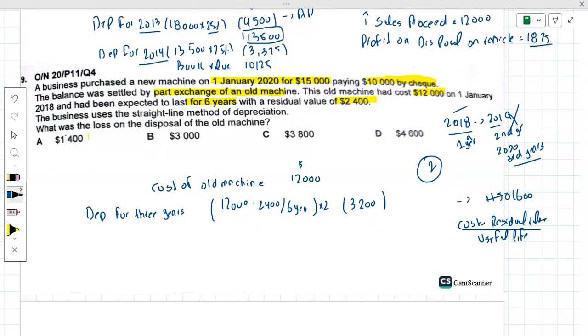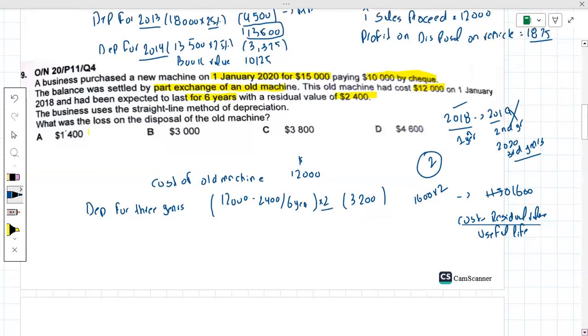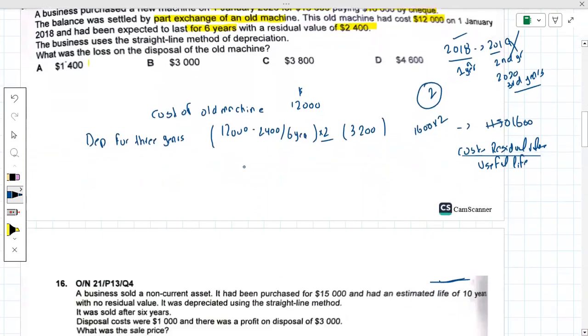From 2018 to 2019 is 1 year of depreciation, and from 2019 to 2020 is 2 years of depreciation, because we sold this machinery on 1st January 2020. So we have to multiply the depreciation by 2. Its yearly depreciation is $1,600. And since we are finding the depreciation for 2 years, that is why we are multiplying it by 2. So we get $3,200 as the depreciation.